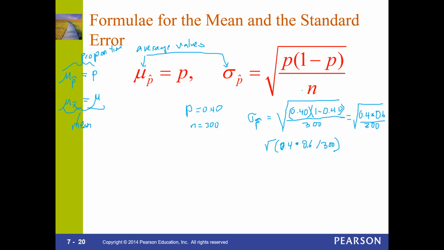And I got my answer, 0.028, right? 28 again, and then 4 if I want to do more. But I can just round it up and give you 0.028.